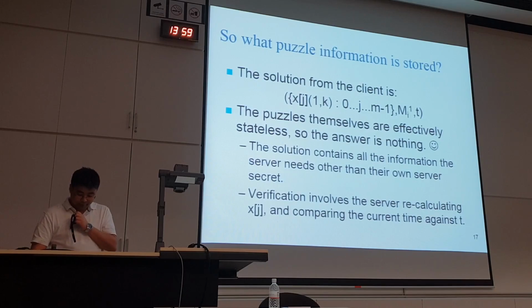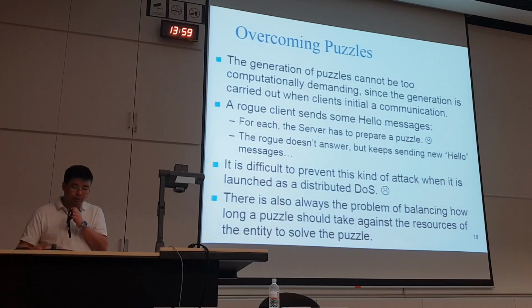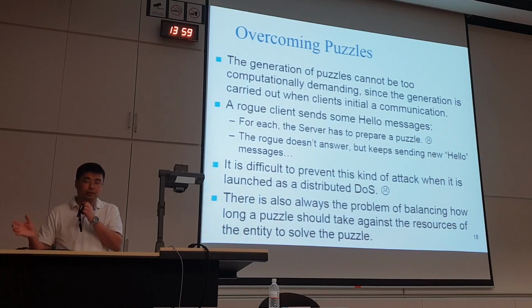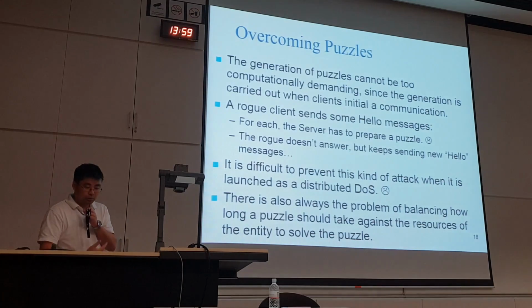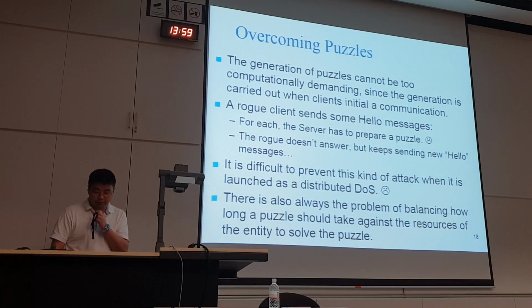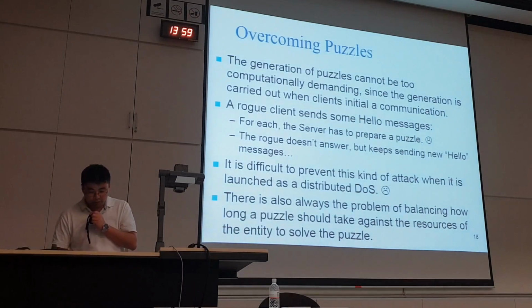So the client puzzle does not require much resource on the server side. Compared with the TCP protocol, we require much less resource to run this client puzzle. This is the advantage.